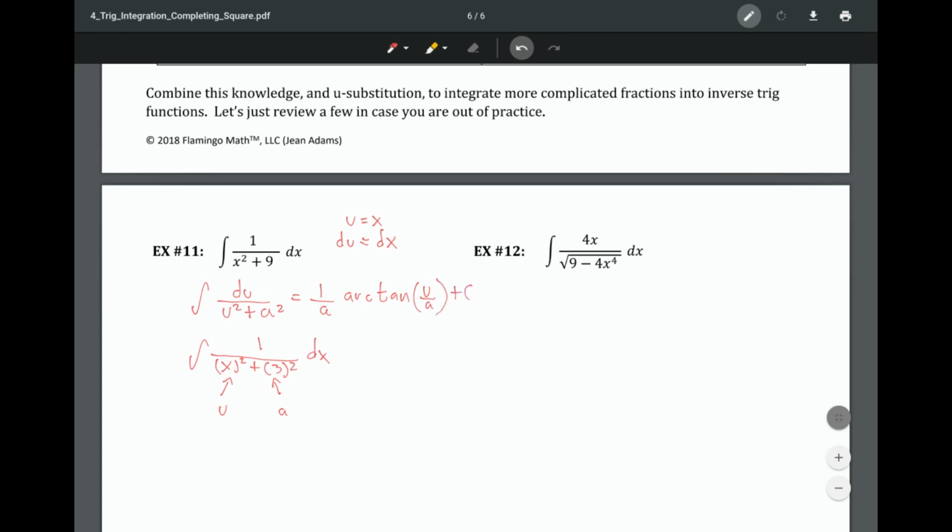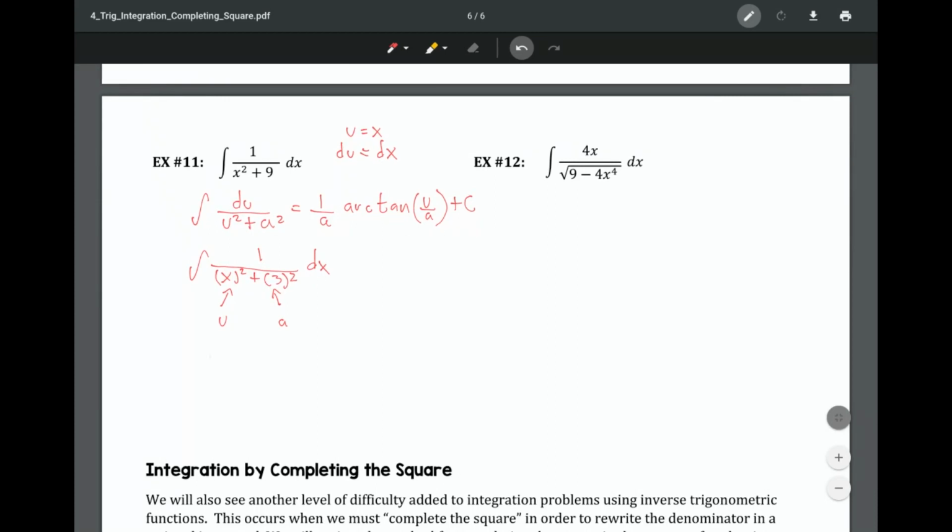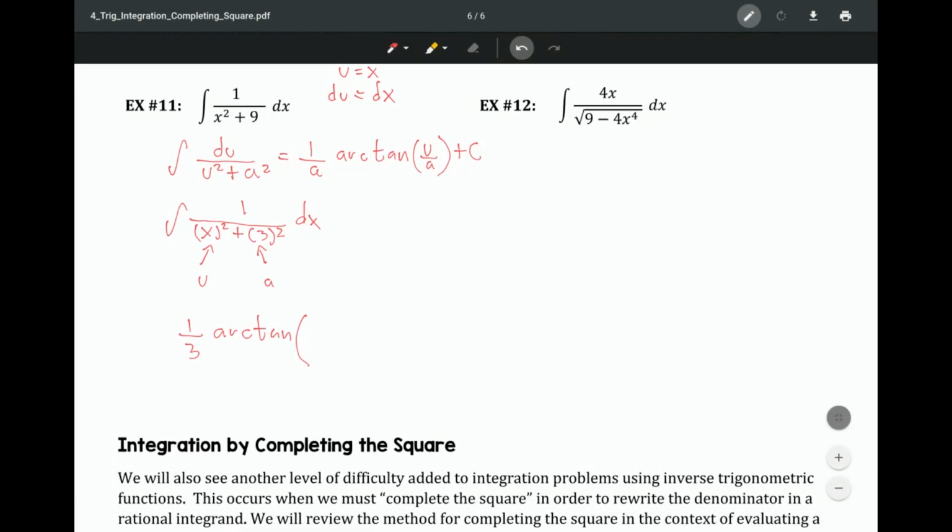The answer, I'm just going to replace that a with a 3. This is one of the ones that I would love to give you a way to understand faster, but the amount of time that would take is not worth it. So this one you are going to have to recognize the pattern. x over 3 plus c.